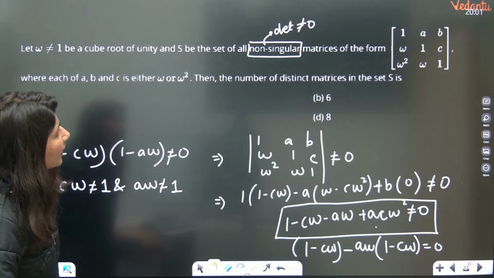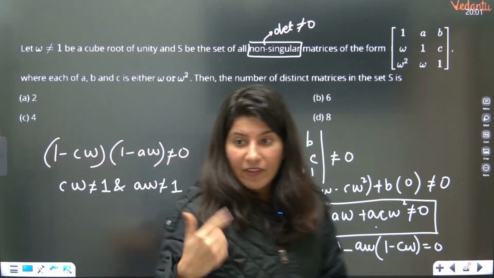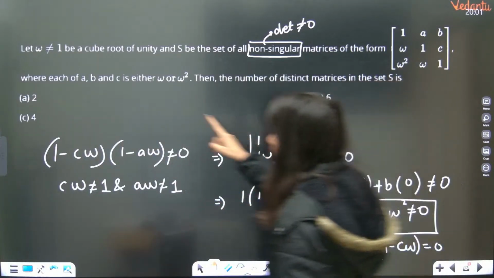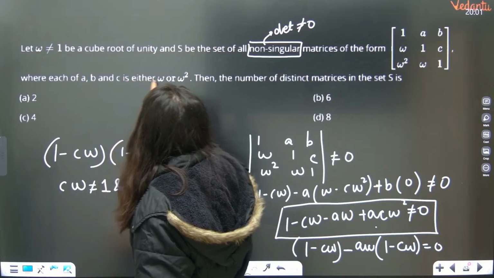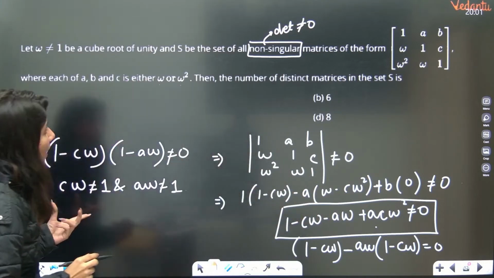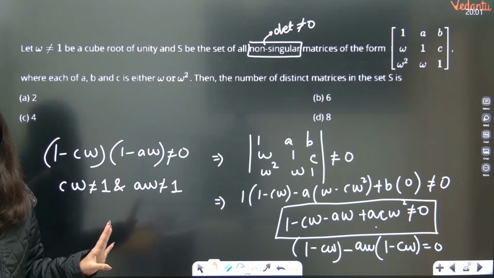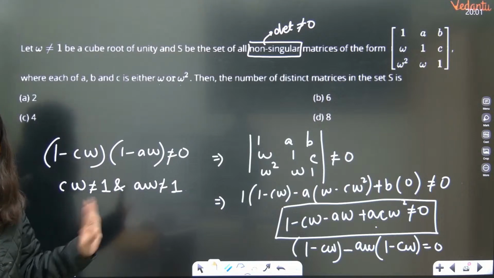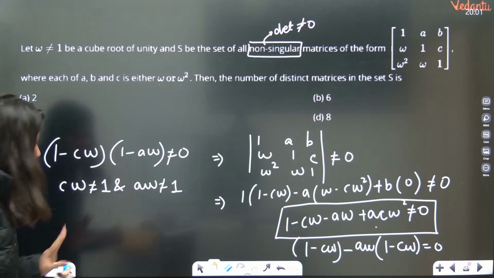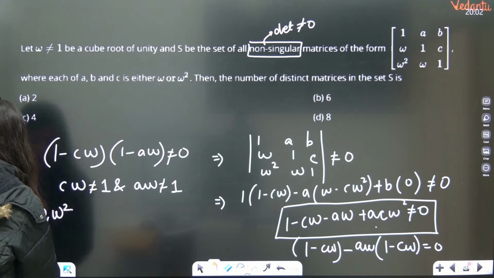Right? Then the number of distinct matrices. Okay. Now understand. Each of A, B, C is either omega or omega square. B can be anything. B has no issue, it can be either omega or omega square.